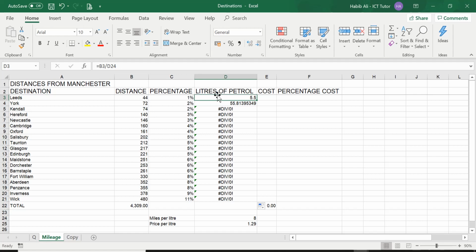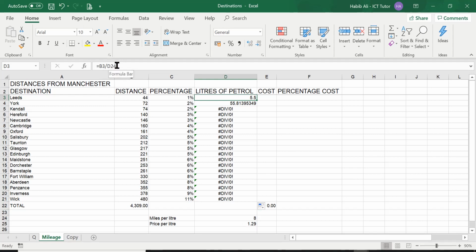This point is very important, so please bear with me and listen to it very carefully. From here, if I'm using B3, when I replicate, Excel will use B4. And for the second part, if I'm using D24 and I replicate into the second one, Excel will automatically use D25.